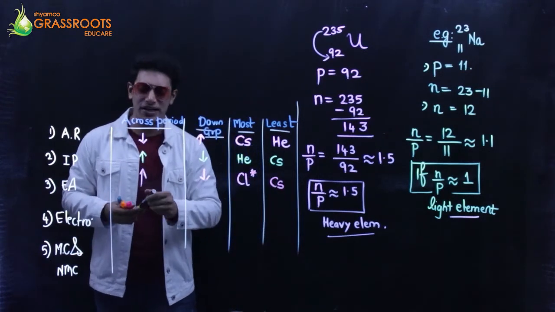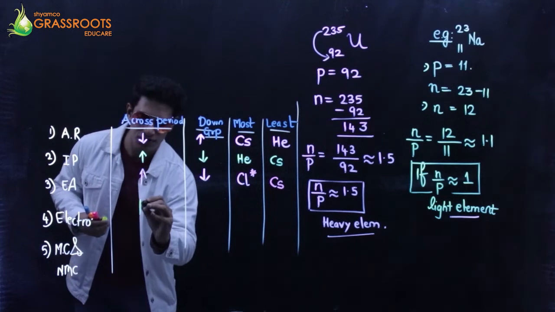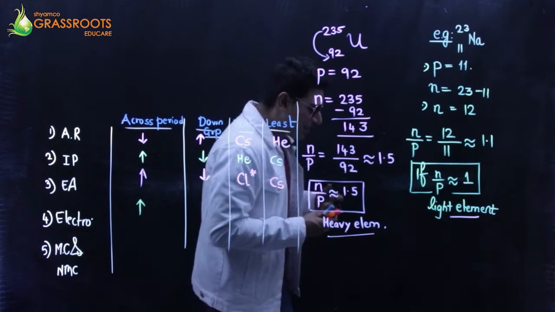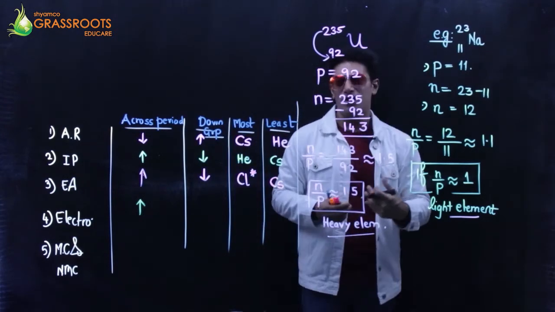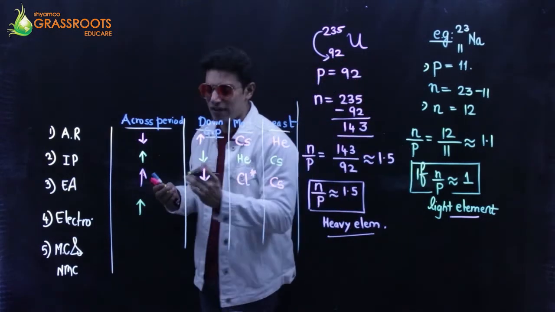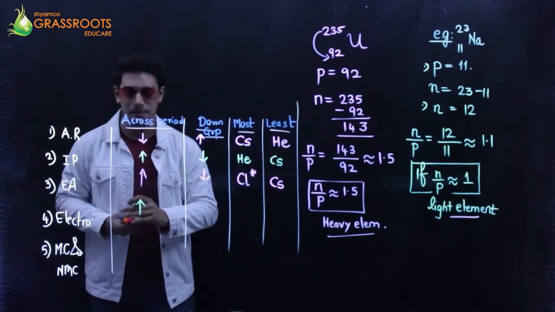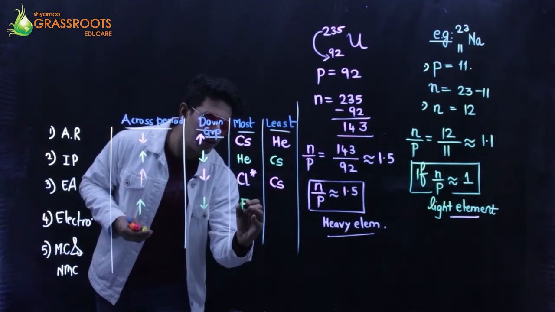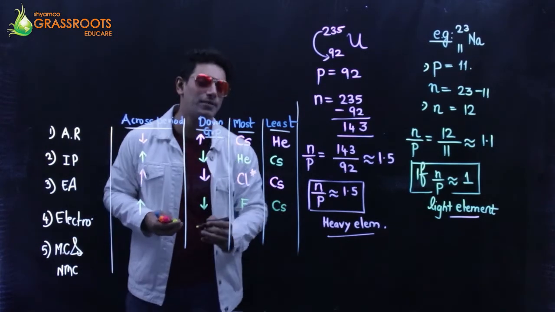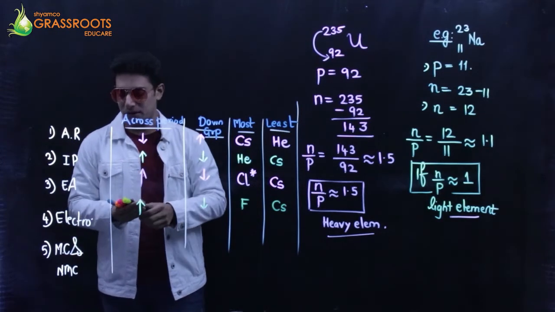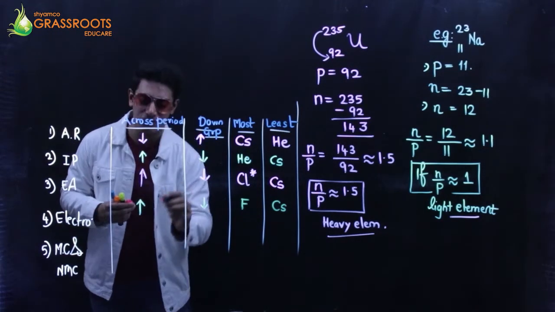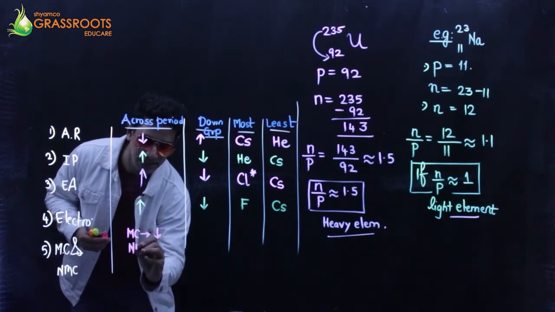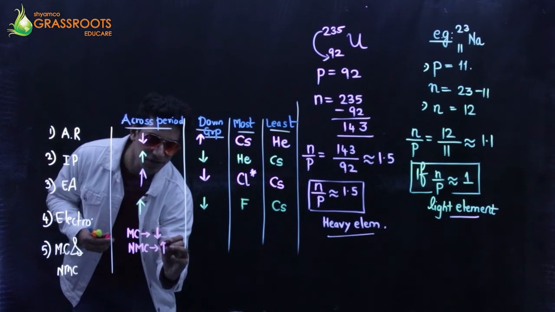Fine. Electronegativity, again, across the period from left to right, electronegativity is the easiness of attracting the electrons. And definitely it increases from left to right. Down the group, electronegativity decreases. The most electronegative element is fluorine and the least of them is cesium again. And the last one: metallic character across the period decreases and the non-metallic character across the period increases.